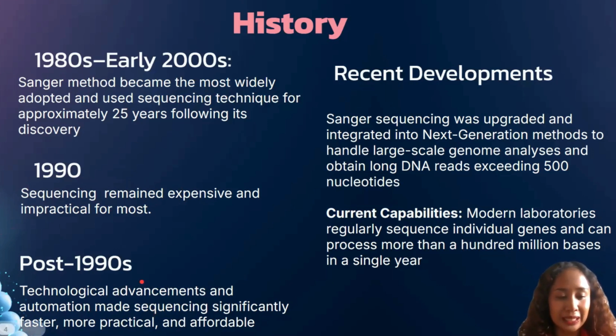In the post-1990s, technological advancement and automation made sequencing significantly faster, more practical, and affordable. Sanger sequencing was upgraded and integrated into our next-gen methods to handle large genome analysis.